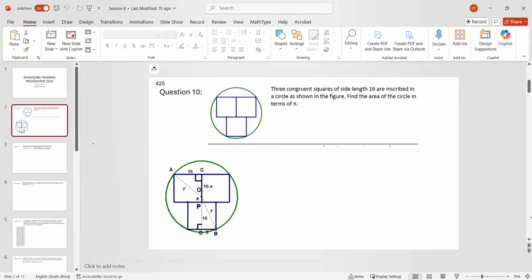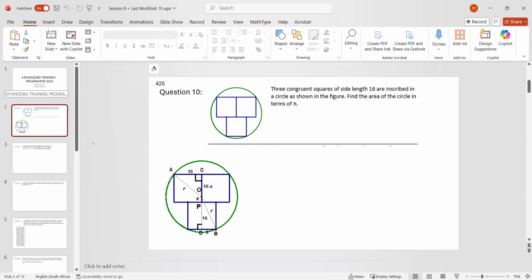Three congruent squares of side length 16 are inscribed in a circle as shown in the figure. Find the area of the circle in terms of pi. This problem was actually in the last session, but we didn't have time to do it. And I thought it's important to discuss this. So today we are going to do quite a few problems, because we added one or two. So this is the first one.